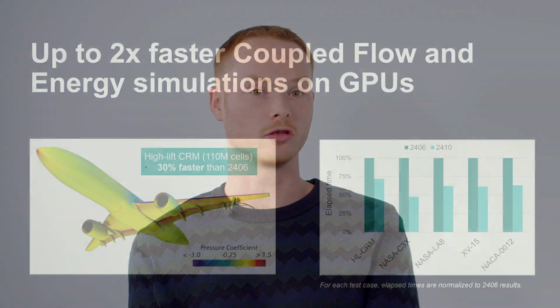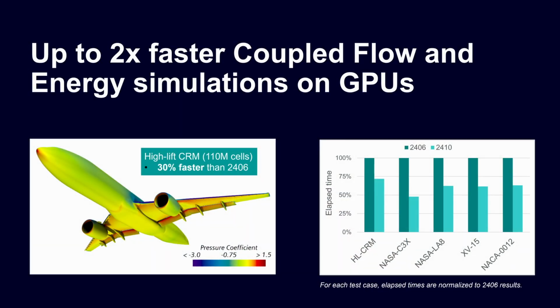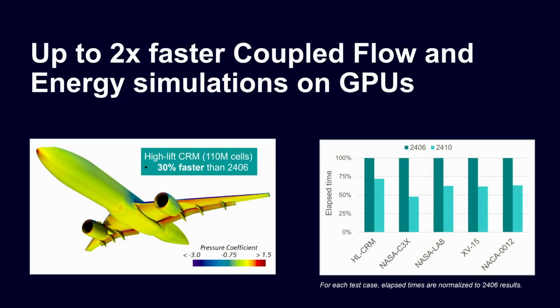So again, thinking about heat transfer applications, maybe things like gas turbine heat transfer or aerospace aerodynamics as well. In 2410, thanks to these algorithmic improvements, we actually see up to 2x performance improvement on GPU. So we have hardware expansions, we have physics expansions, and we are also always looking to improve the performance where possible.